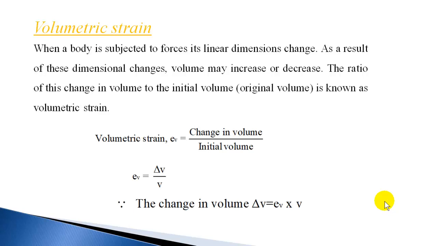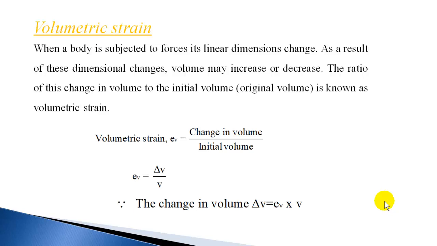These dimensional changes will change the volume of the block. So that induces changes in the volume of the block. This change in volume caused by the forces divided by initial volume is known as volumetric strain.